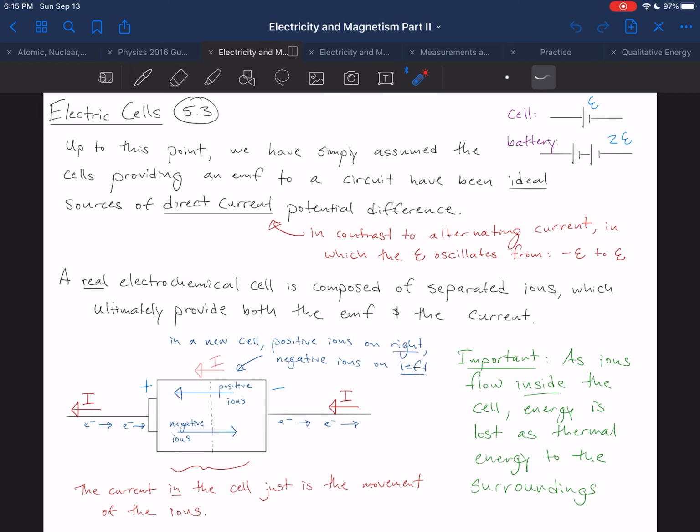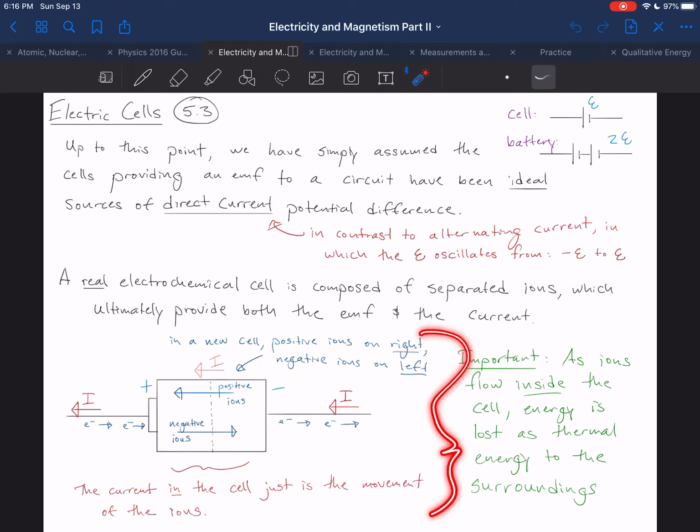In a new cell, there's a buildup of these positive ions or cations on the right side here, and a buildup of the anions or negative ions on the left-hand side. It's important to note that as ions flow inside the cell, energy is lost as thermal energy to the surroundings in the cell.